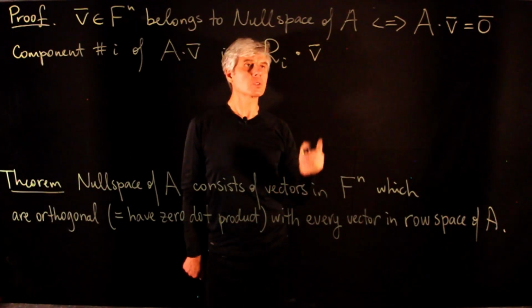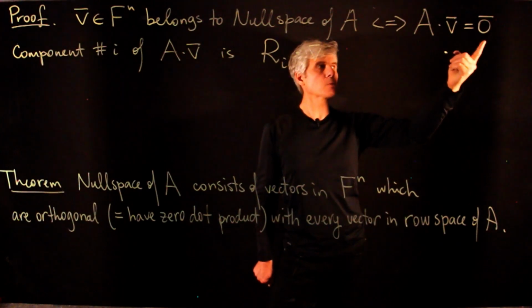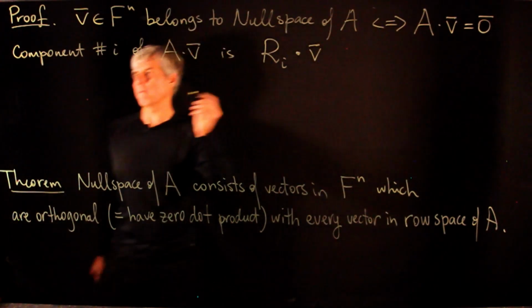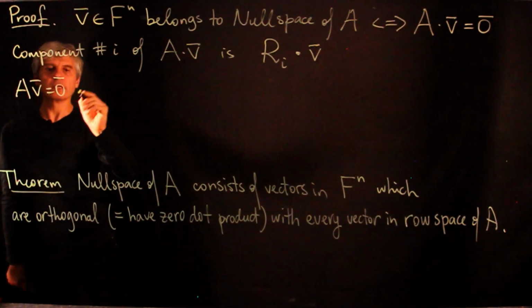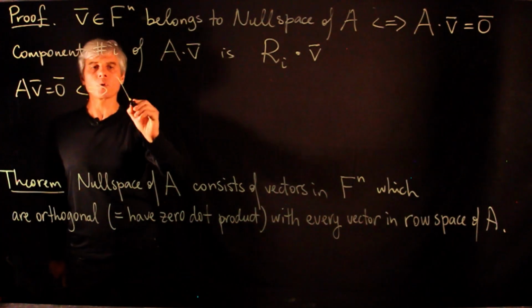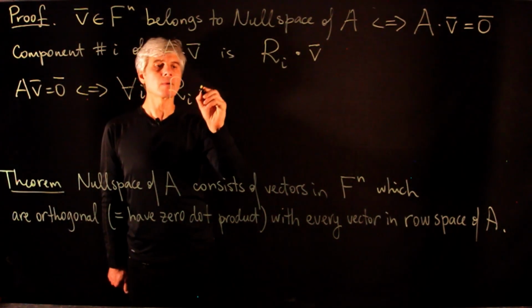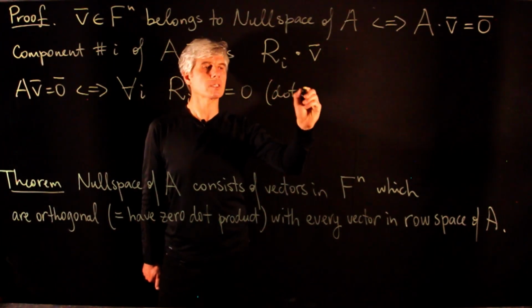And so what we see is that this product of a matrix with a vector is equal to 0 if and only if, so let's write it down, Av is equal to 0 if and only if for all i, the dot product of Ri with v is equal to 0. So here we use the dot product.